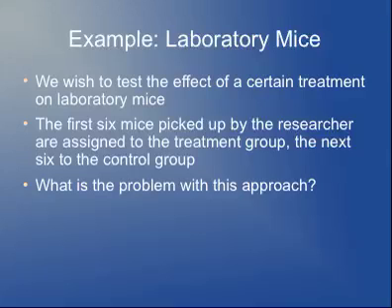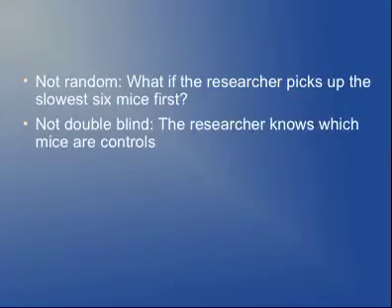This experimental design isn't horrible, but it's still potentially problematic. Number one, it's not random. You may end up picking the 6 lowest mice first, who tend to be the 6 least healthy mice. And it's also not double-blind because the researcher knows which mice are the controls.